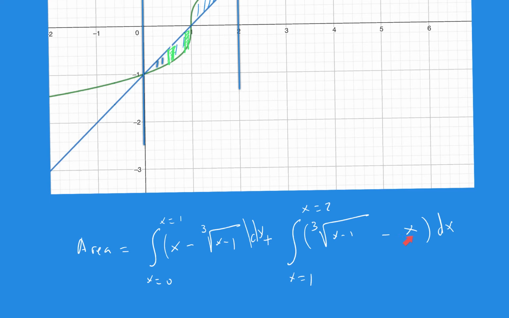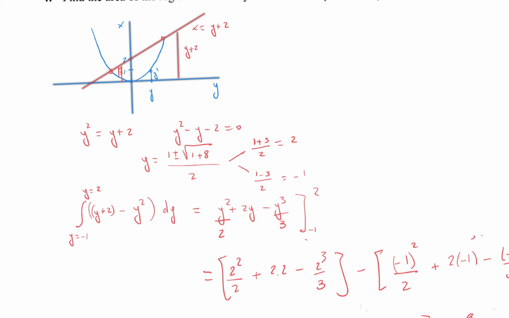And between x equals 1 and x equals 2, the upper is the cubic root of x minus 1, minus the lower function. But the lower function, the bottom function, is x minus 1, not x. Please correct it if you want to do the integral. I'm sorry. Now let's do this problem faster.